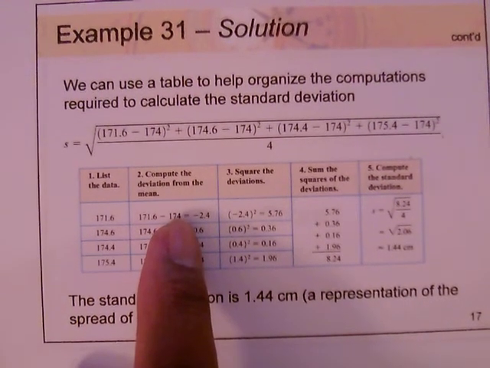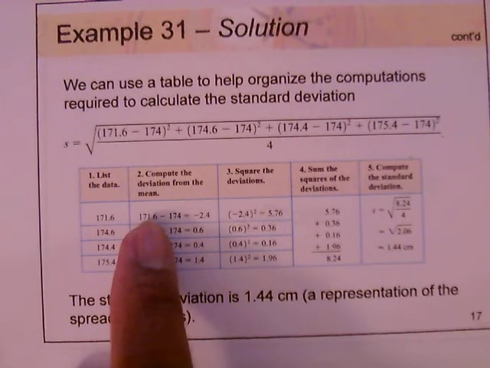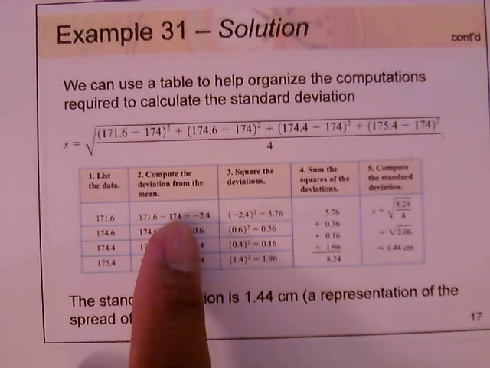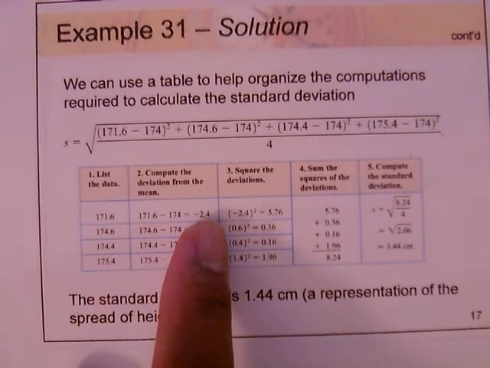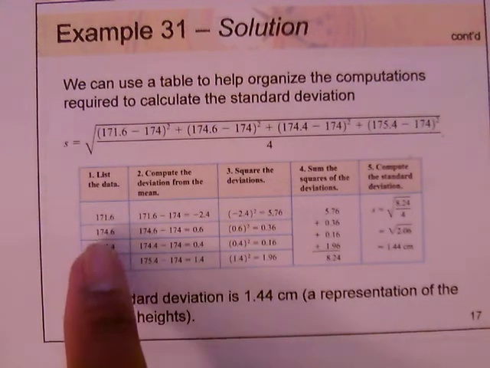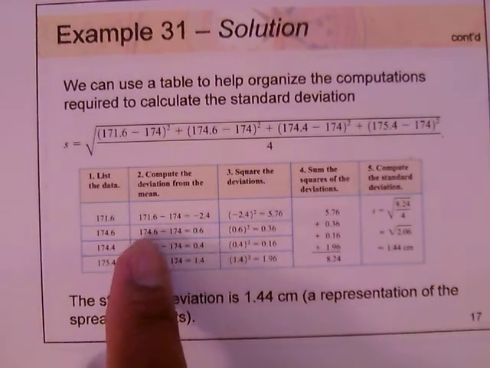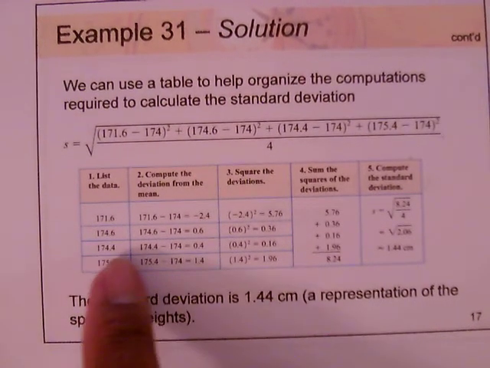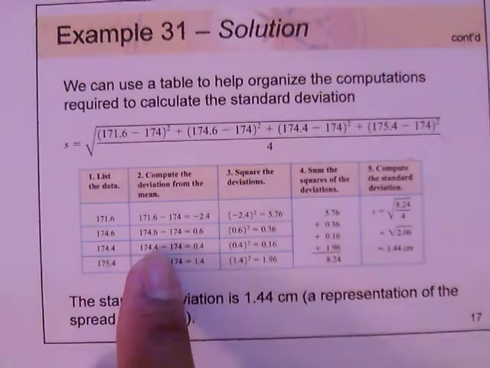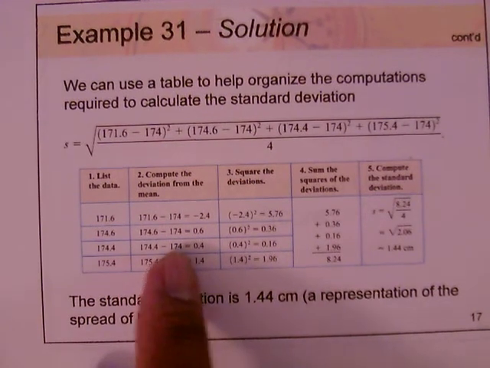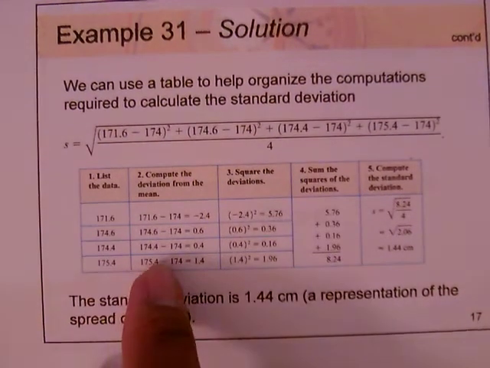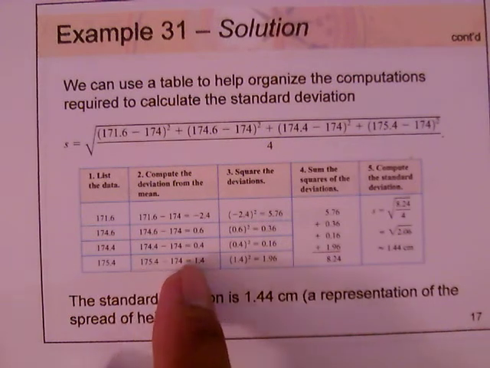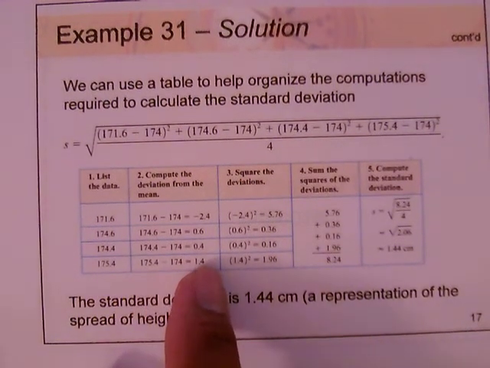So 171.6 minus 174 gives negative 2.4. Then 174.6 minus 174 is 0.6. Then 174.4 minus 174 is 0.4. And the final one, 175.4 minus 174, is 1.4.